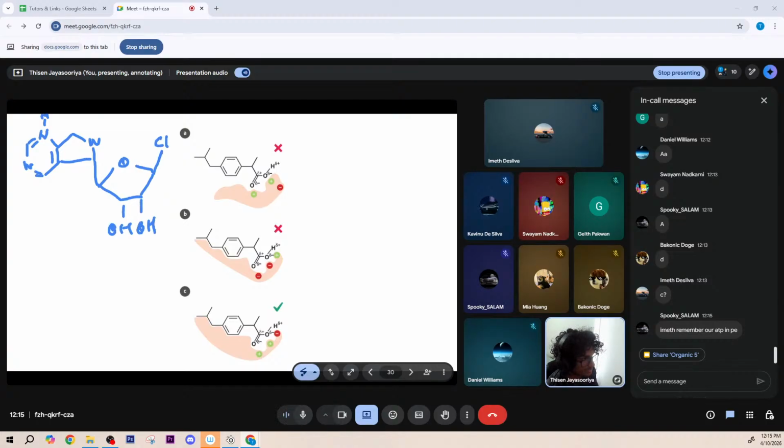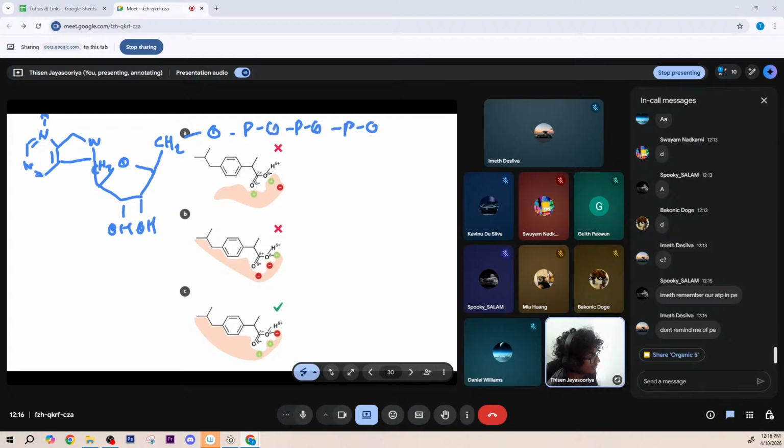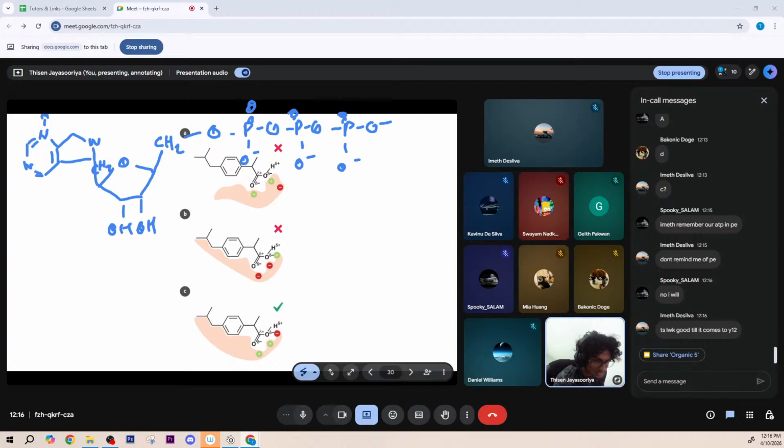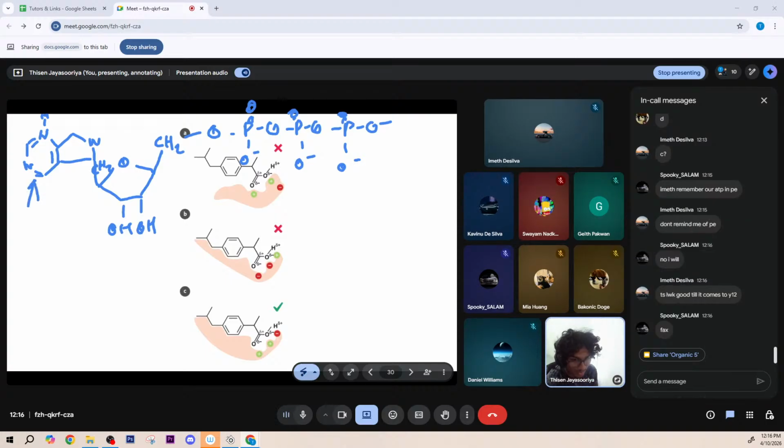We have this one, which is a CH2. I think I'm missing a CH2 in between here. CH2, and this one is going to be O, P, O, P, O, P, O. This is a double bond O, this is a double bond O, this is a double bond O, and here we have O minus, and O minus. This is a minus as well. So that's what an ATP molecule looks like, and even this one has some form of benzene ring in it over here. You don't need to know that.